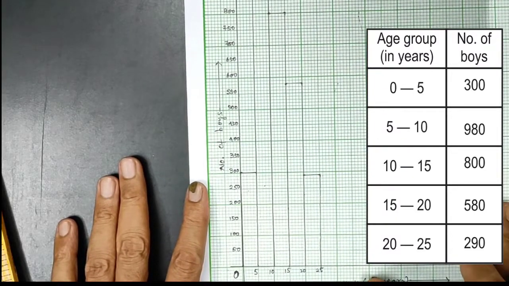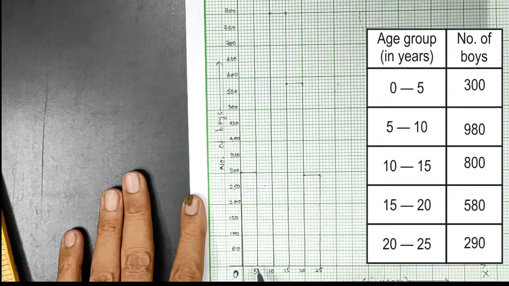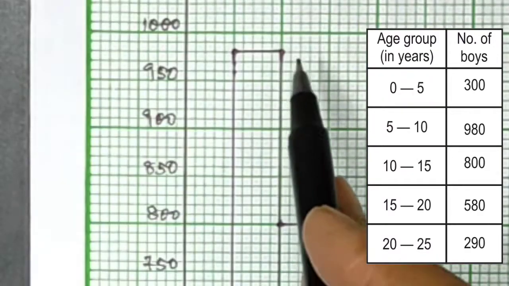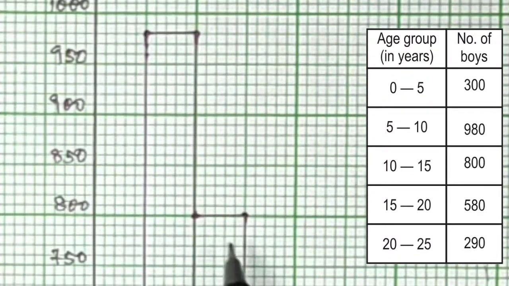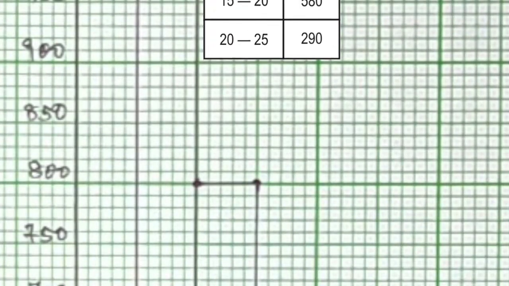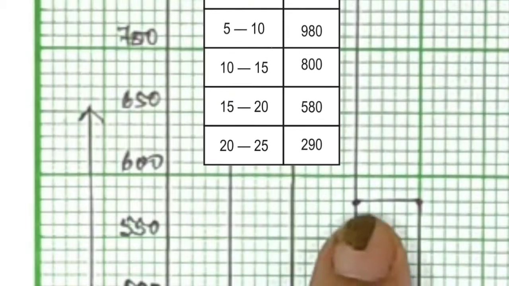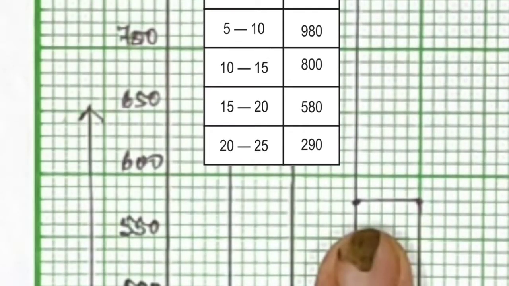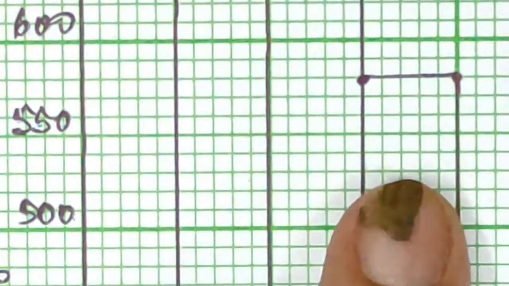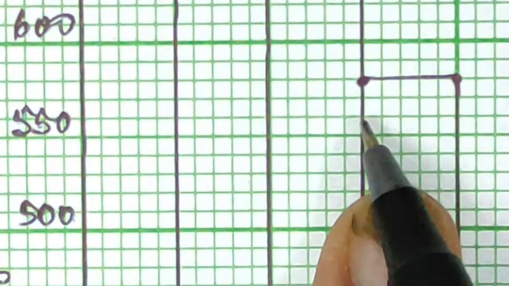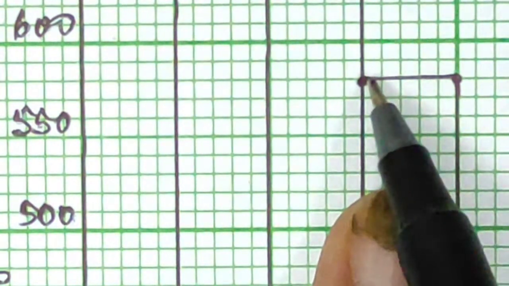See how I have drawn the bars. This is 980, this is 800 for 10 to 15, this is 580. See, this is 550, 560, 570, 580.